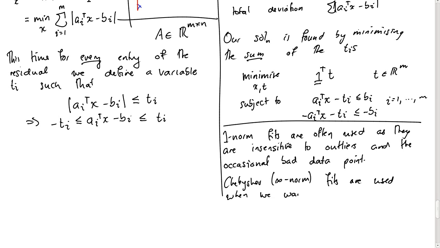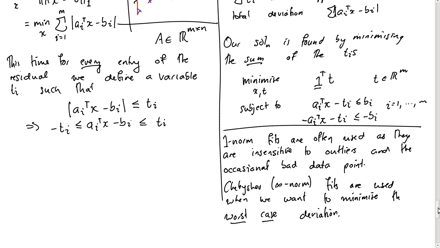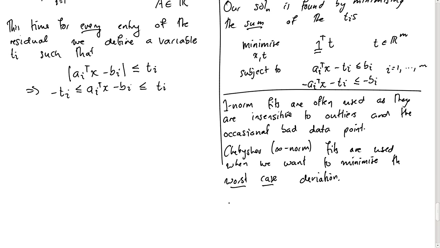We want to minimize the worst case deviation. Okay, so they are important, somewhat less common perhaps, but they're still very important. And least squares, 2 norm, is somewhere in between.